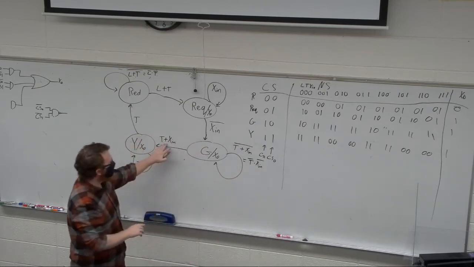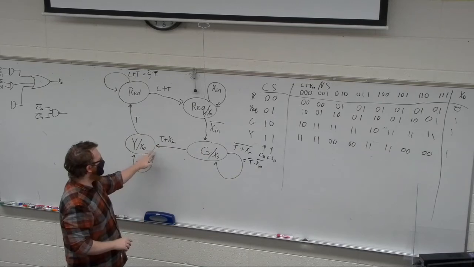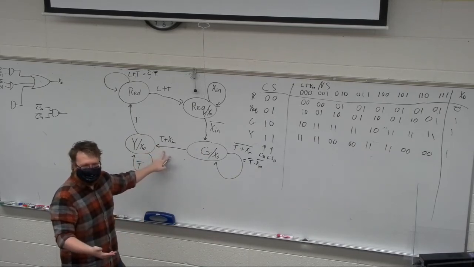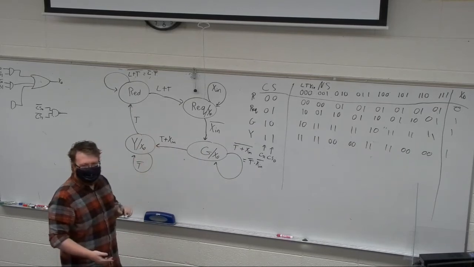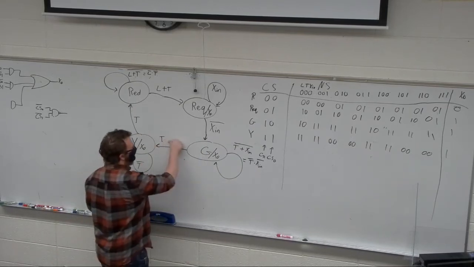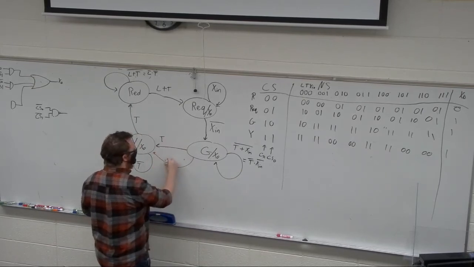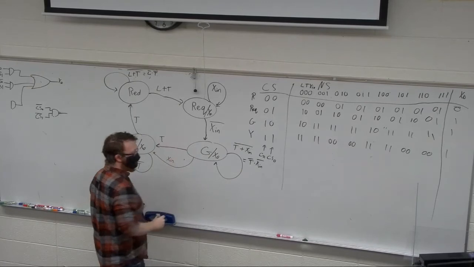I could have a potential other output. So I go to this if it's t or x in. But let's say I want to differentiate between t or x in. They both go to the same place, right?